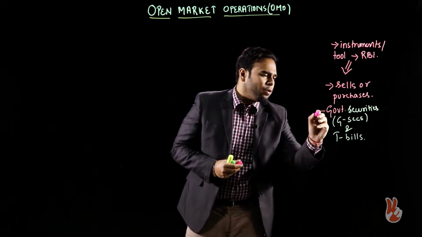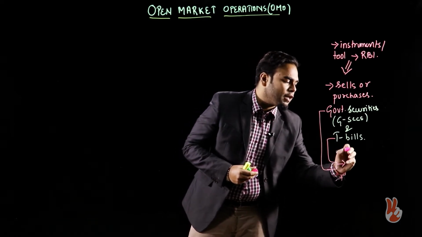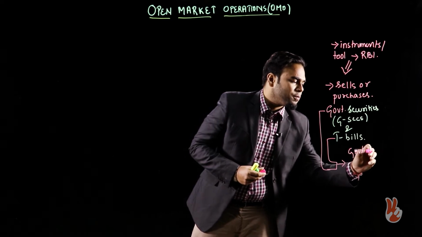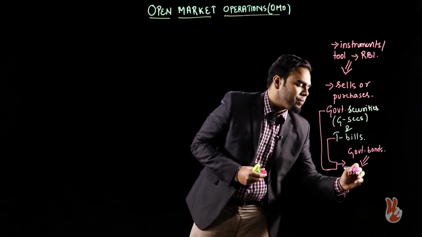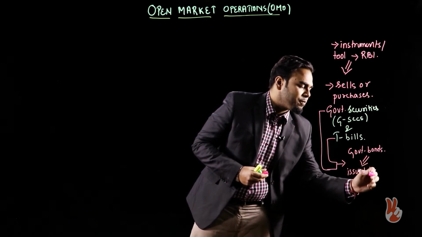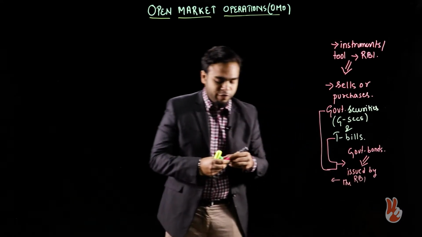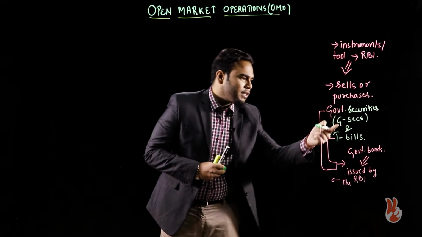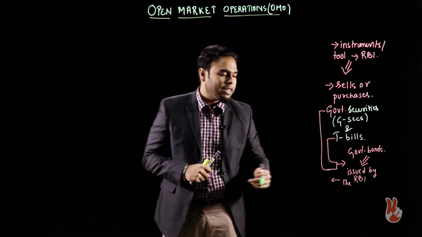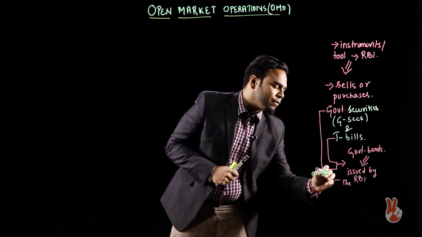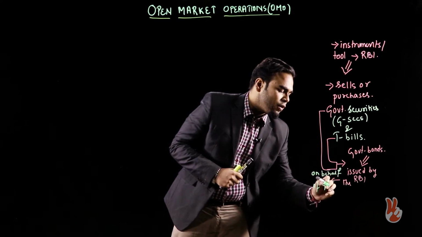These government securities or Treasury bills are nothing but government bonds, and these bonds are issued by whom? It is issued by the RBI on behalf of the government of India. Fine. So what are these two? G-Secs and T-bills are nothing but the government bonds which are issued by the RBI on behalf of the government of India or state governments.